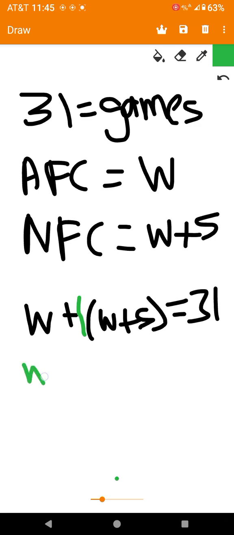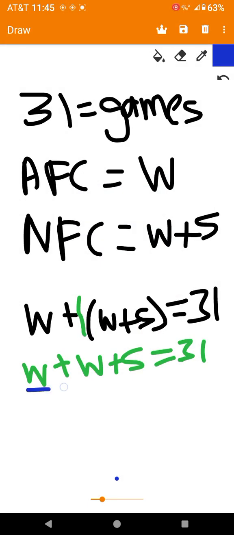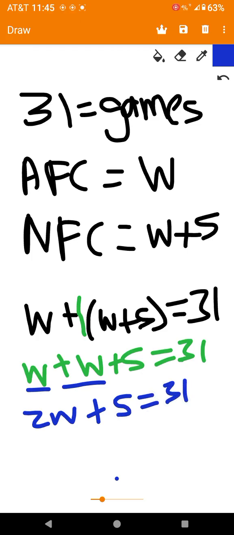So we're left with W plus 1 times W is W, 1 times +5 is +5, equals 31. Then we combine like terms. So we have +1W plus 1W, which is 2W plus 5 equals 31.